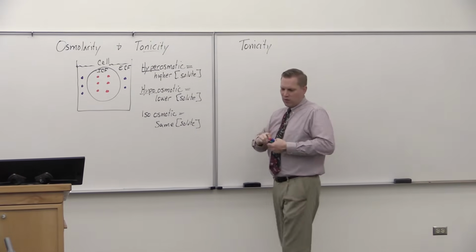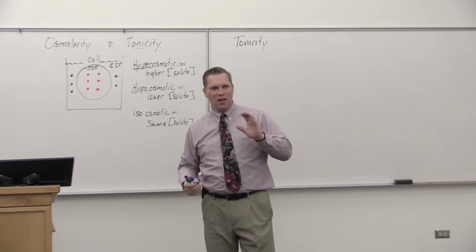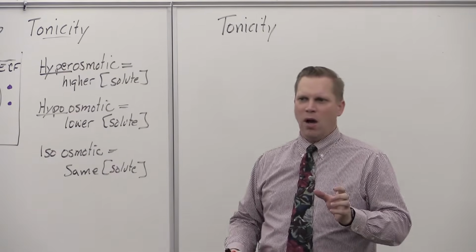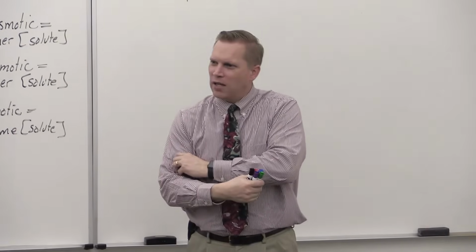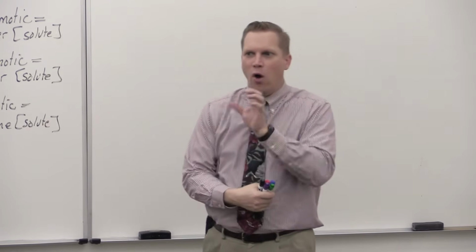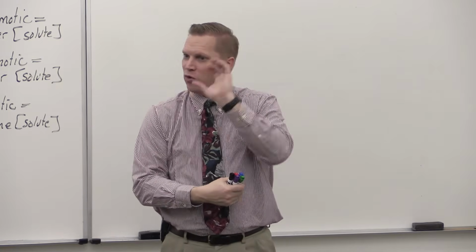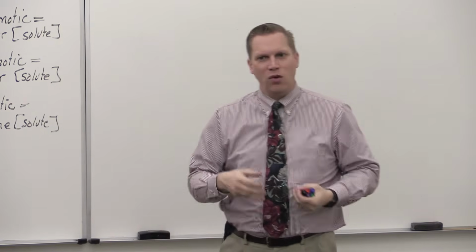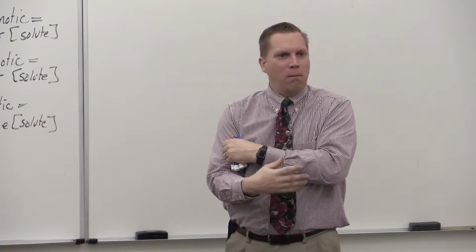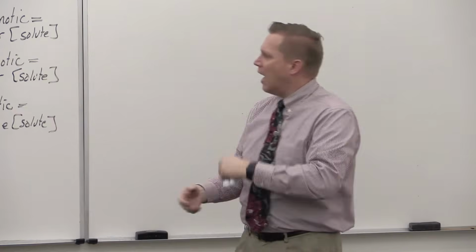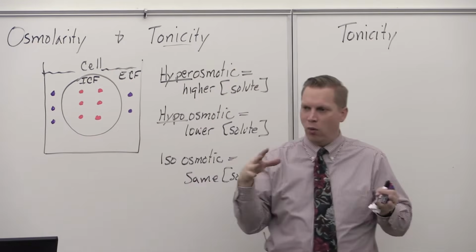Tonicity comes from the place where we're kind of more familiar with this word. When you think of tonicity, I want you to think a little bit, we often talk about someone having good muscle tone, right? And so when someone has good muscle tone, that means that their muscles are firm. And so tone has to do with the firmness of something. Now let's stop thinking about muscles in terms of tone and start thinking about cells in terms of tone or firmness.